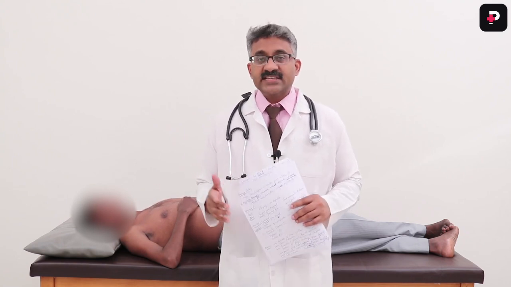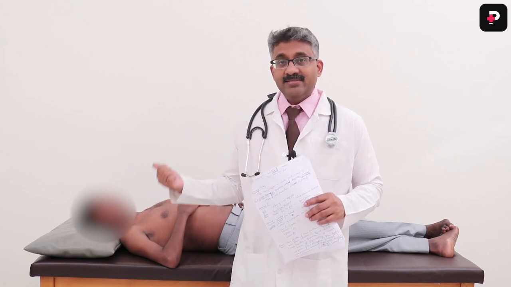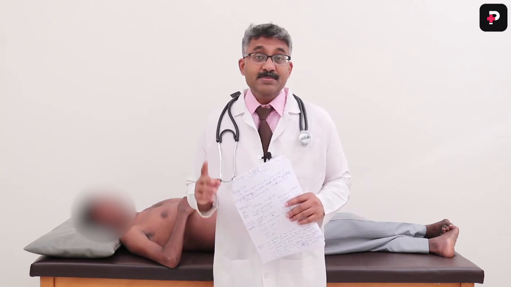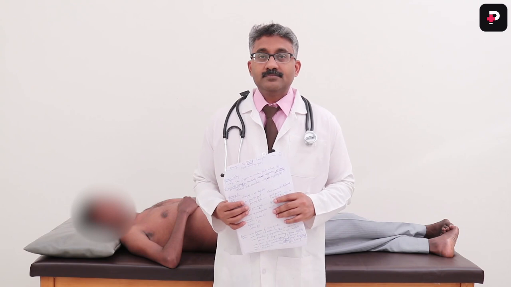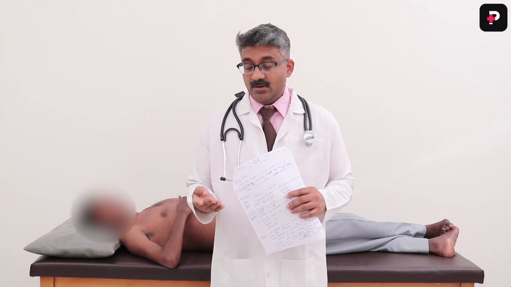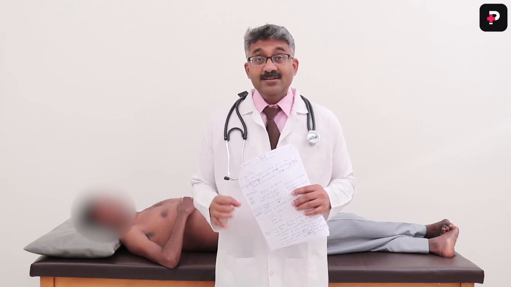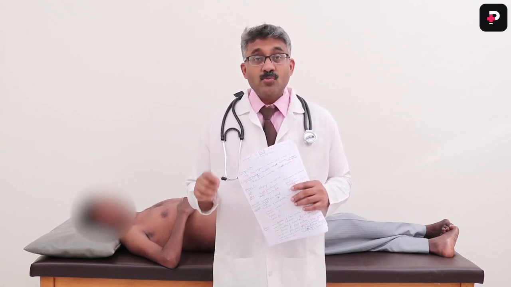Now we'll come back to the inflammatory arthritis. More than 6 weeks, inflammation is there, in the 2 types, whether less than 3 joints are involved or more than 3 joints are involved. If more than 3 joints are involved, then you have to see whether it is symmetrical or non-symmetrical. If it is symmetrical, and the metacarpophalangeal joint, proximal interphalangeal joint, wrist joint and tarsometatarsal joint are involved, then it is rheumatoid arthritis.